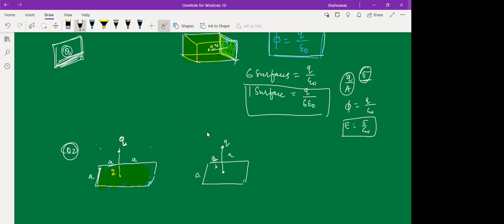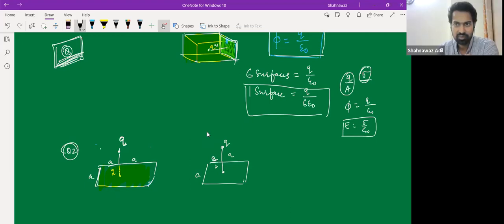Yeah, 5. Yes, sir. So if we make 5 surfaces, this was one surface, and we make one surface above, 2 surfaces beside, and on the left and right the other surfaces. So 5 surfaces we make, and it becomes a closed surface.